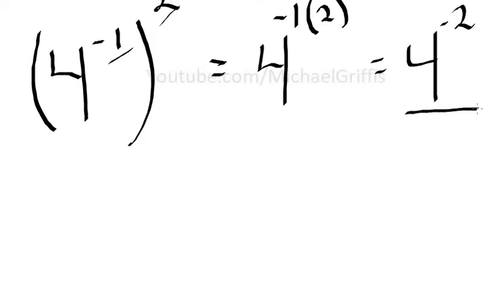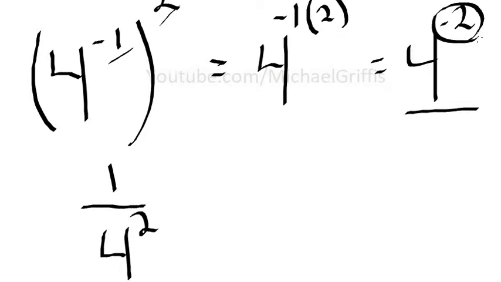So we want to rewrite this, and this becomes 1 over 4 squared. This negative exponent, we take it down to the denominator and write it with a positive exponent, which can be rewritten as 1 over 16. 4 times 4 is 16.